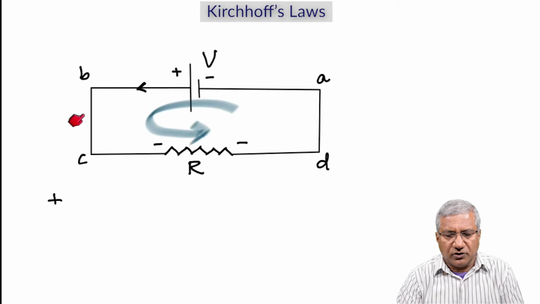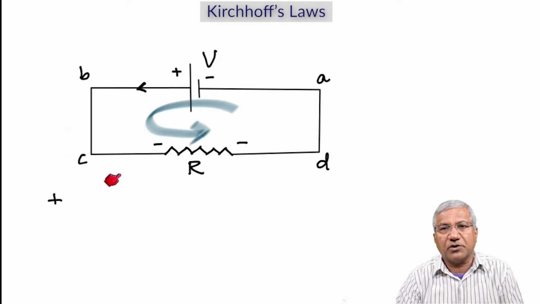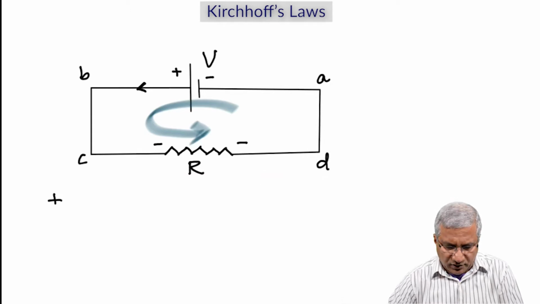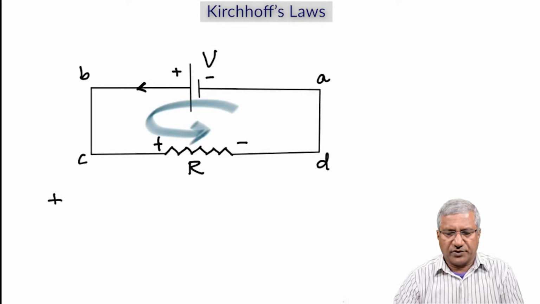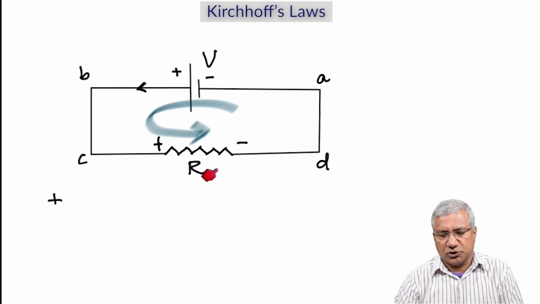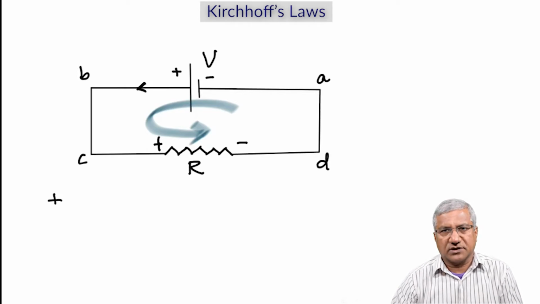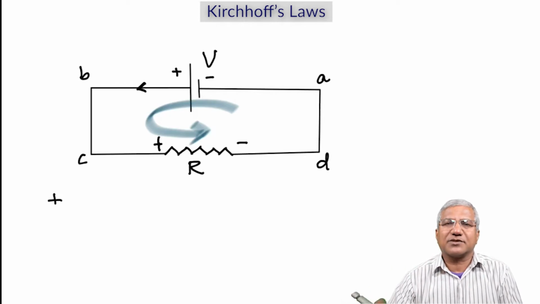And then when we go through the resistance, remember, we are moving in the direction of the current, which means we are flowing from the positive of this resistance to the negative. So since we're going from positive to negative, we'll take it as negative of the product of current and resistance, because we need the voltage, and voltage is the product of current and resistance.